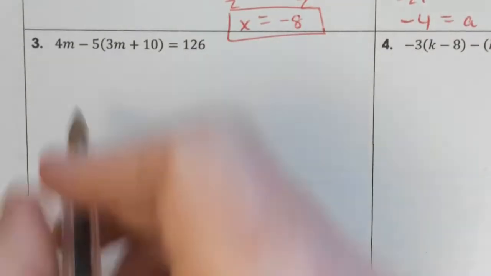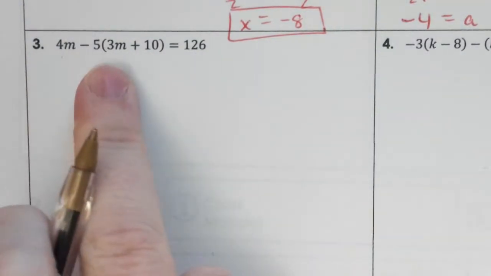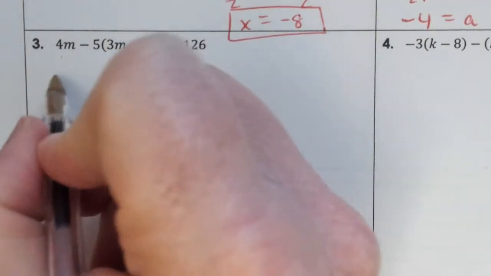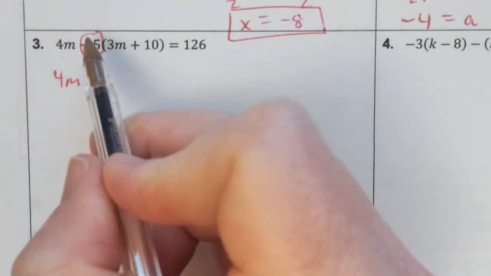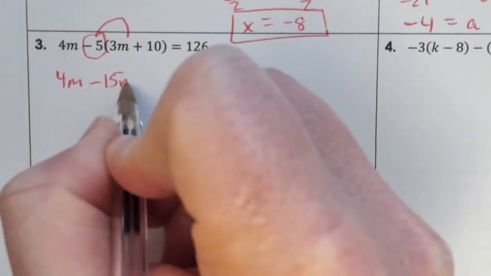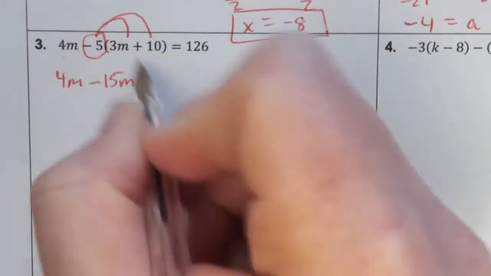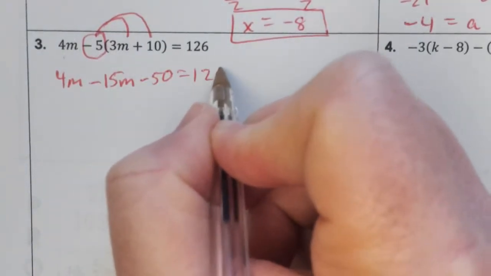Okay, let's go to number 3. This is the same basic idea, but this time the 4m is still there, but we need to distribute the negative 5, only negative 5 to here and here. If I distribute here, it becomes negative 15m. Distribute here, that'd be negative 50 equals 126.